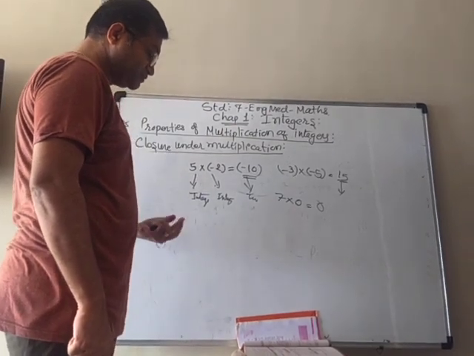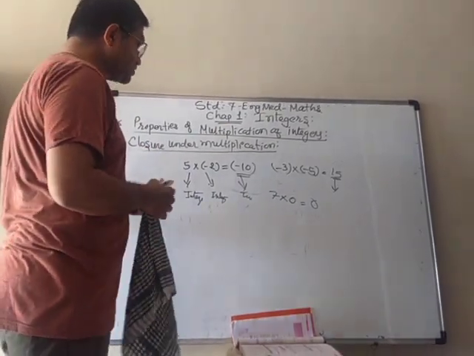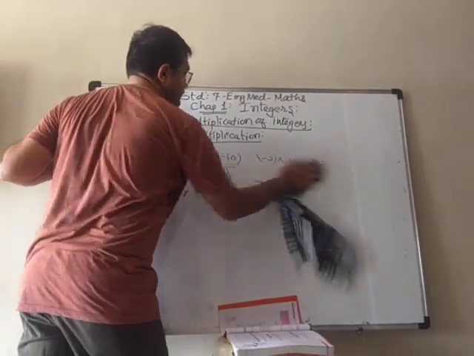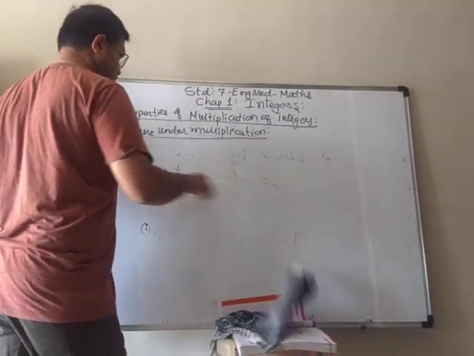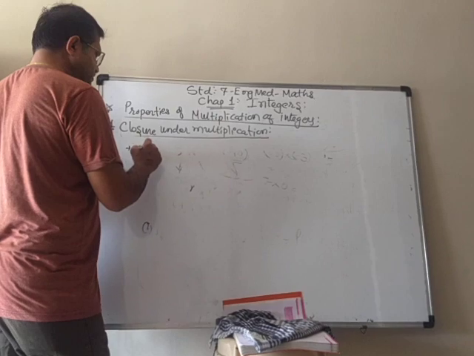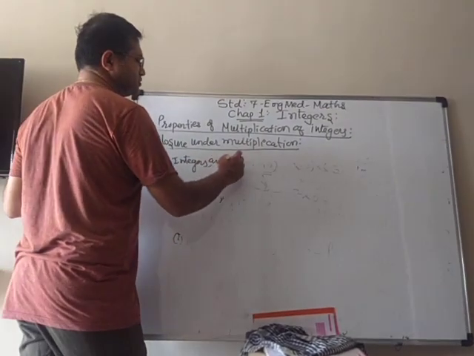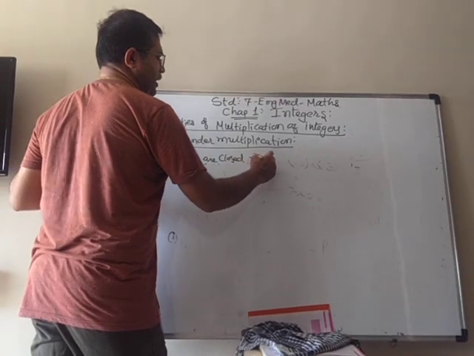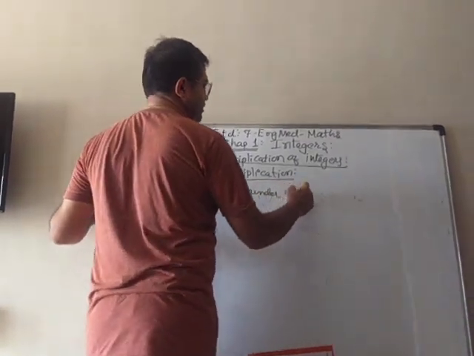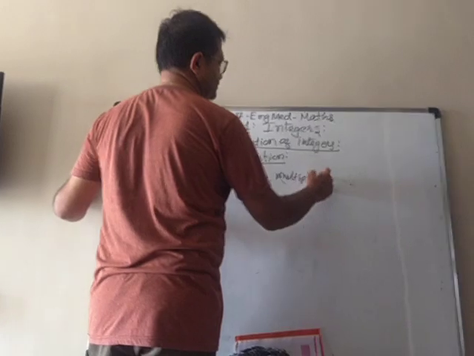So we can say that integers are closed under multiplication. What can we write down here? Integers are closed under multiplication.